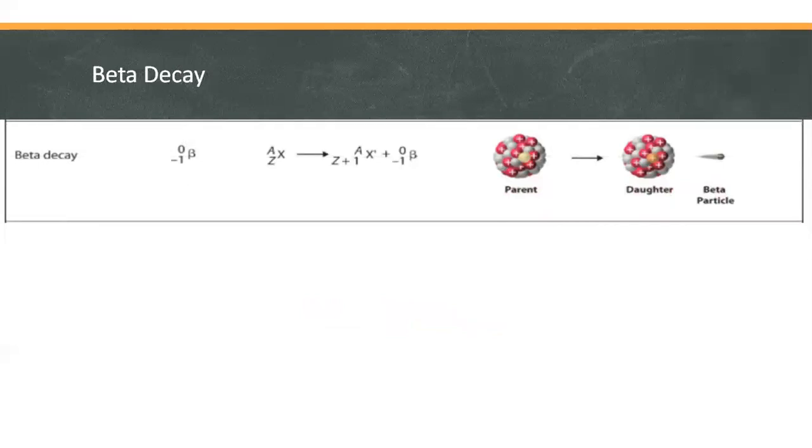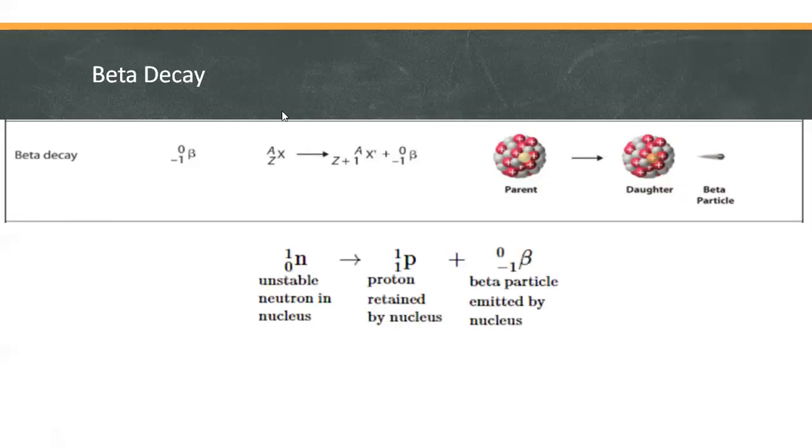Beta decay. Nuclei that contain too many neutrons often undergo beta decay, in which a neutron is converted to a proton and a high-energy electron that is ejected from the nucleus as a beta particle.